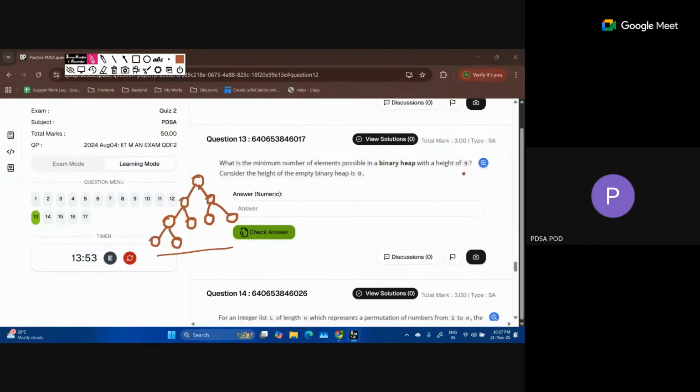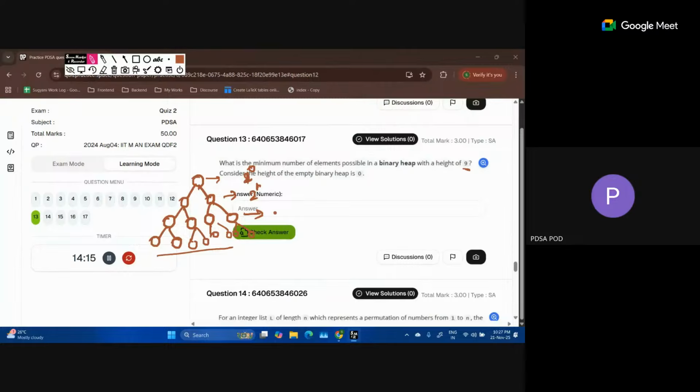So the only way it will go to a height of 9 is if at level 8 every one of the possible nodes will be there. Okay. So at level 1 we will have one node, which is 2 to the power 0. Level 2 we will have two nodes, 2 to the power 1.